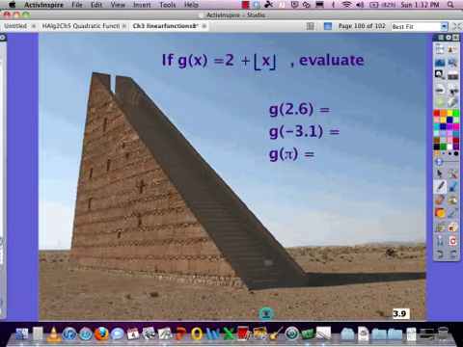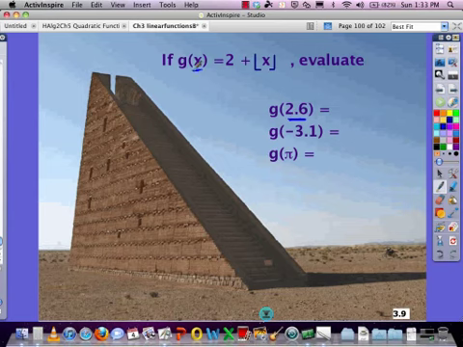Now, this is what it might look like in an equation or a function setup. If g of x is the rule 2 plus the greatest integer function of x, and it says evaluate, then they're saying g of 2.6. So your job is to take 2.6, wherever there is an x in your function is where you put that in.